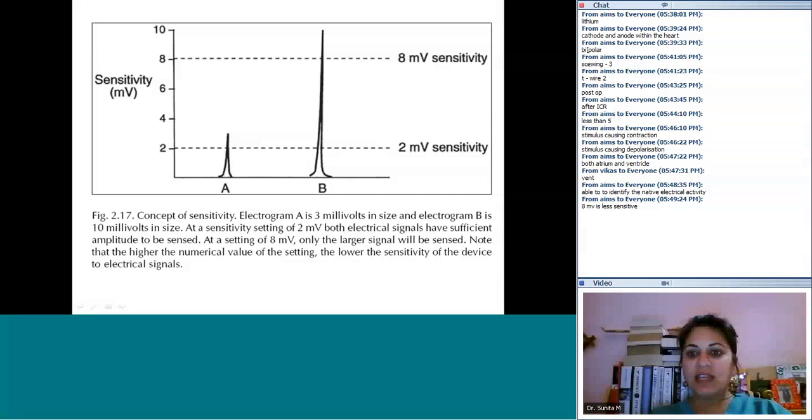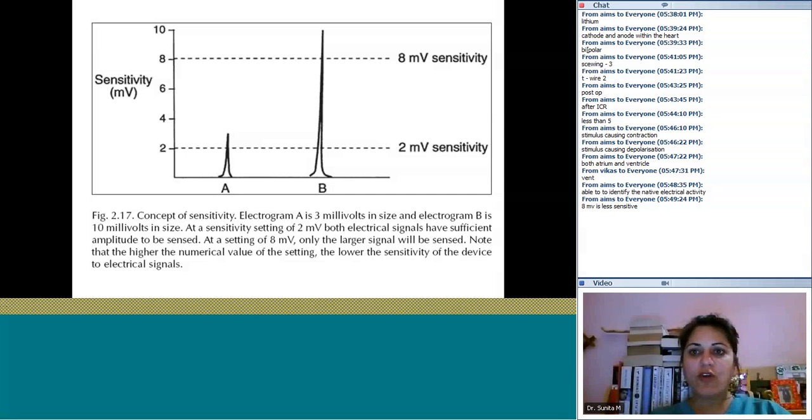Right? So if you see here, this is your electrogram. Okay, one is 3 millivolts, one is 10 millivolts, right? When you have a sensitivity of 2 millivolts, both of these have enough amplitude that they can be sensed.